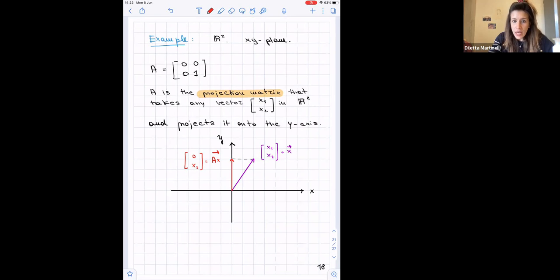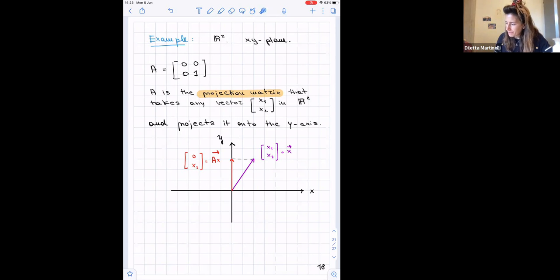When you do the multiplication between A and the vector x1, x2, what you get as an answer is the vector 0, x2. It means that you are projecting your vector onto the y-axis. That's why it's called a projection matrix.